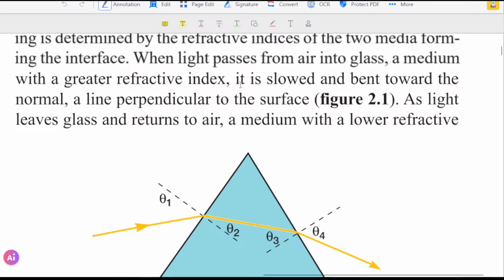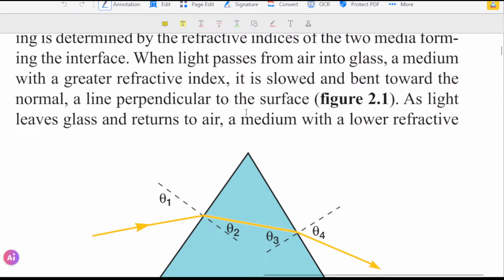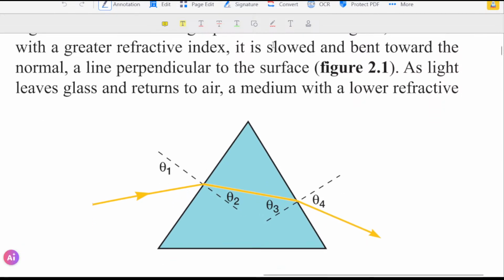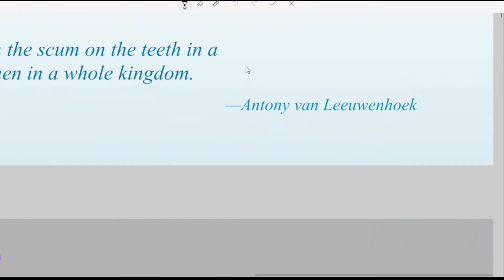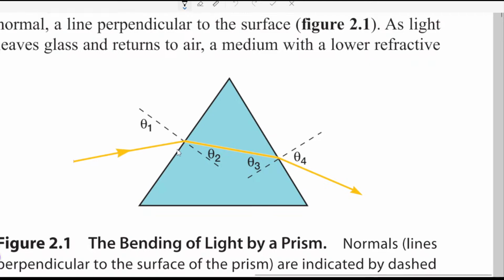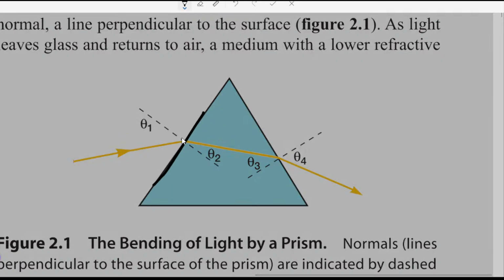So here it is, guys. Let's read this. It is slowed and bent towards the normal line perpendicular to the surface. All right, that's what I was asking: how did they draw this normal line? And they are saying that this is the medium, and they made the normal line perpendicular to it, right?